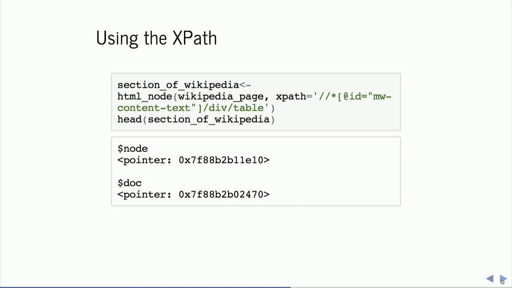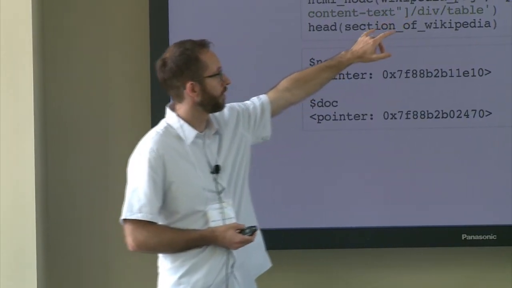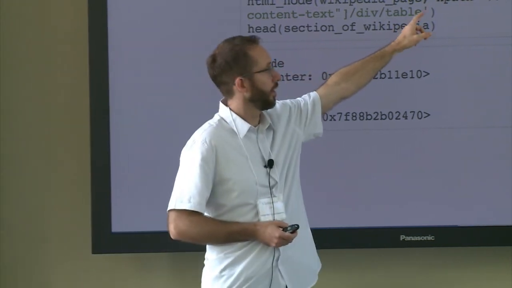OK, so now, once we've got that XPath, we're going to use another function called html_node. And what that function does is parse the HTML to the node, to the part of that tree that I just showed you, where our data is living. And the html_node function requires several arguments. First, it needs the name of the HTML we're trying to parse. Here, that's wikipedia_page. And then it needs an XPath argument.